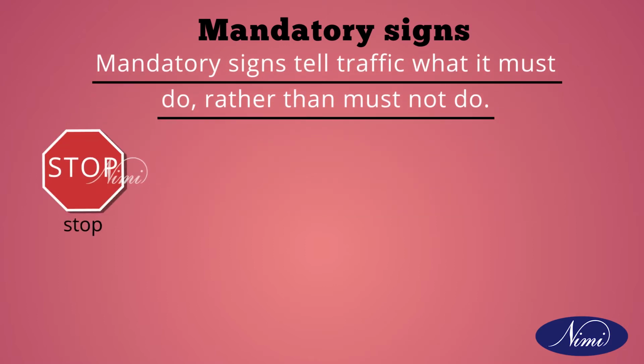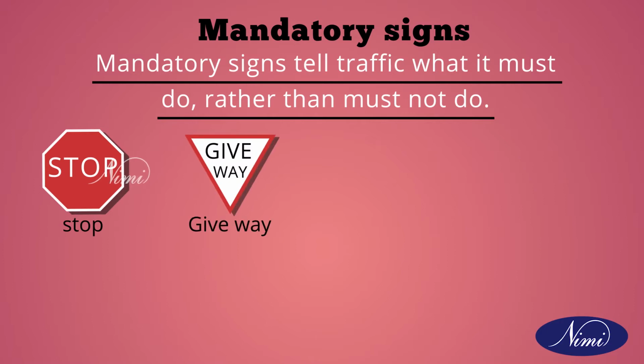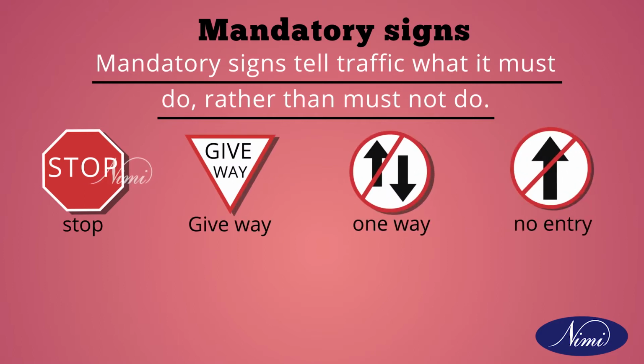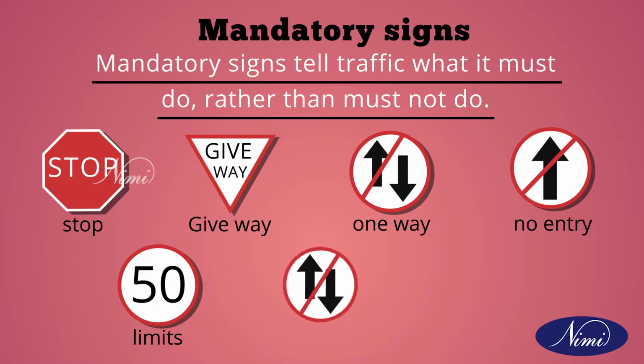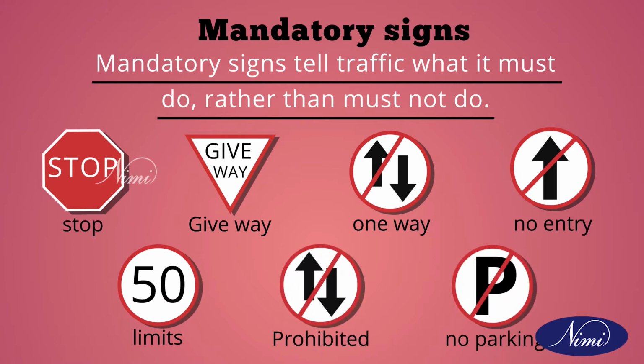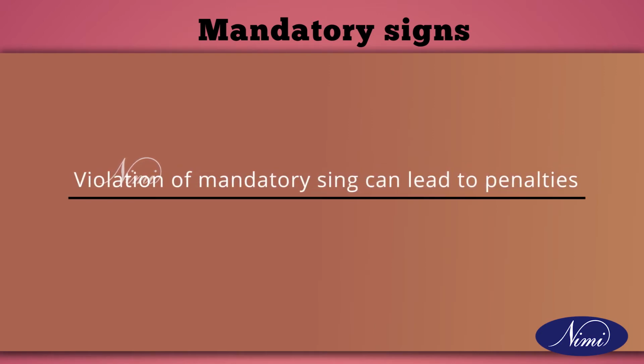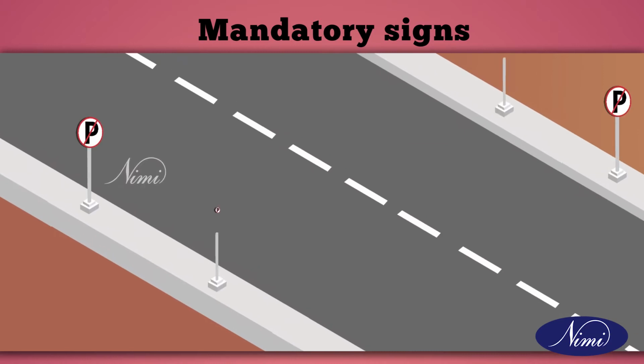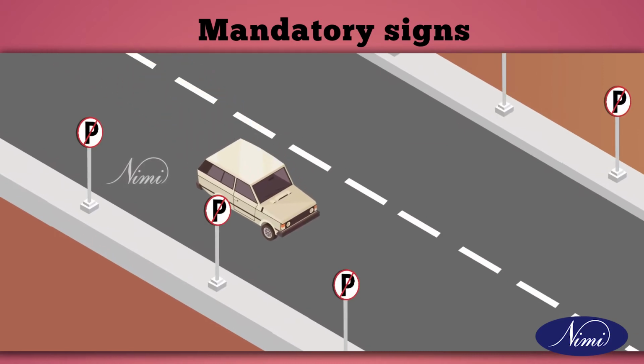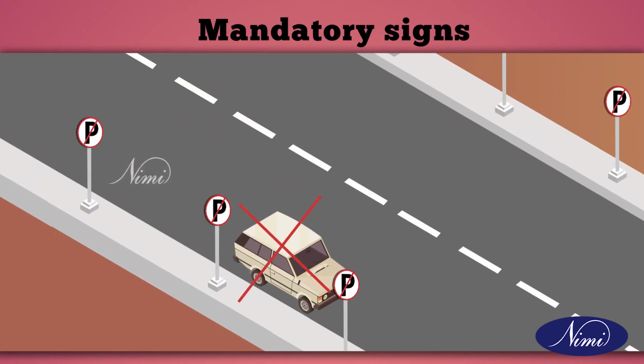Example: stop, give way, one way, no entry, limits, prohibited, no parking signs. Violation of mandatory sign can lead to penalties. For example, in no parking area, if we park our vehicles, it is a finable action.